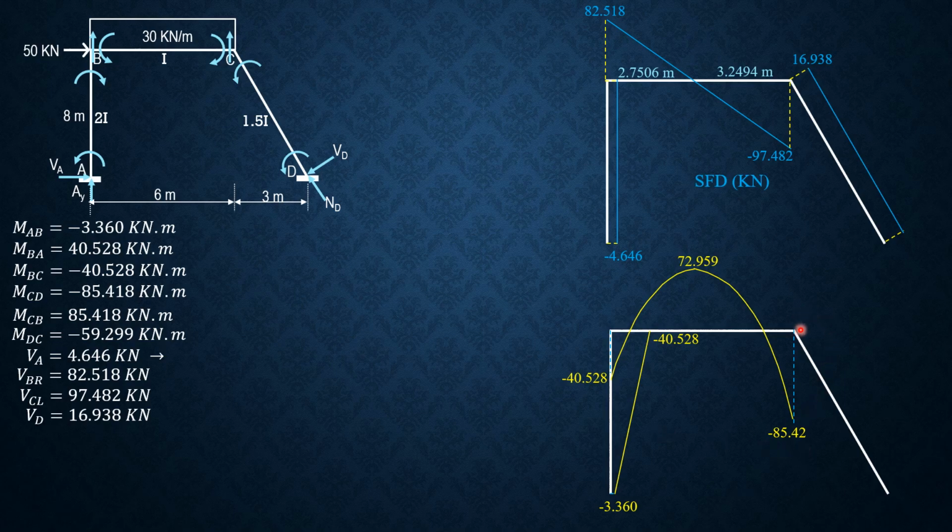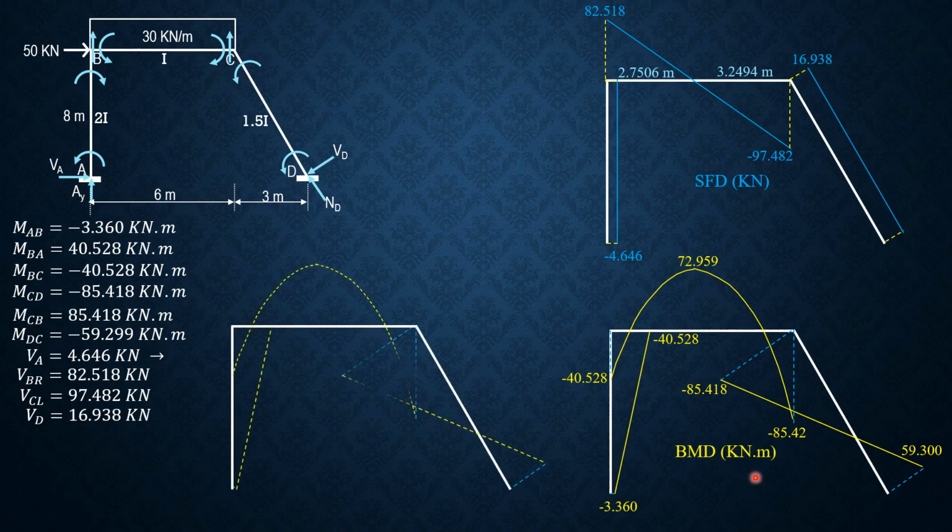So it should start here with negative 85.418. Then plus the area 16.938 times square root of 73. The length here is square root of 73. Then we'll have 59.3. Expected 59.299. So that's fine. So it closes there. So this is the bending moment diagram in kilonewton meter.